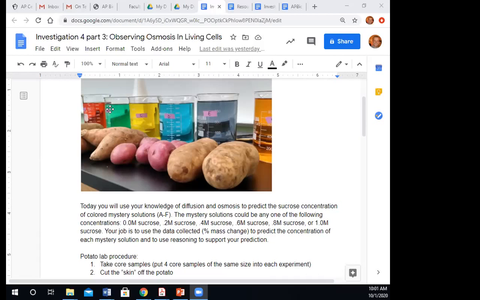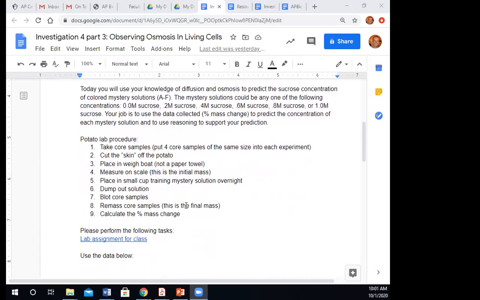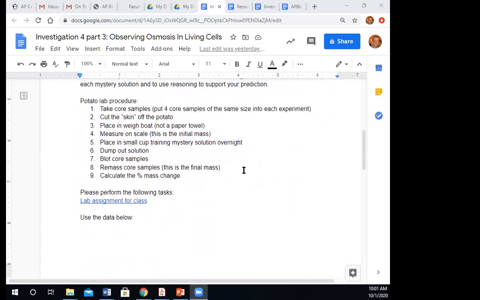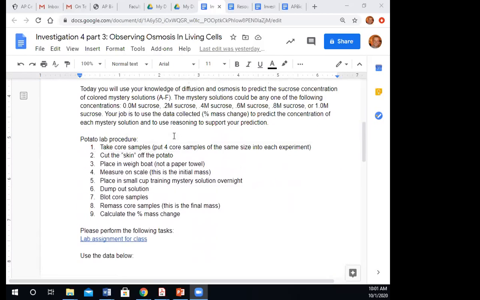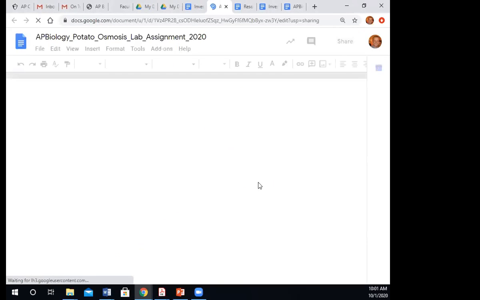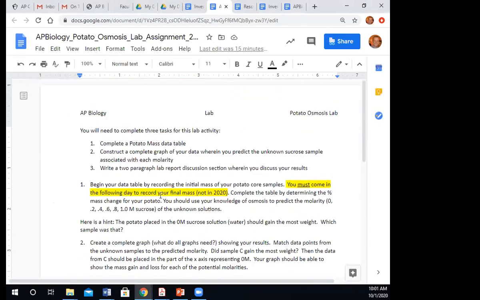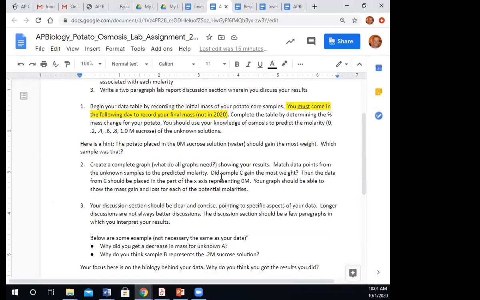You'll graph out your data. All of that is outlined here. I'll walk through this with you real quick. Okay, and then there's this page here to click on that actually has the questions and the lab report that I want you to write, okay?